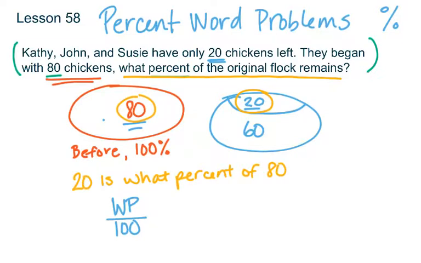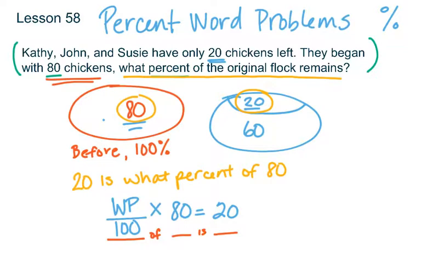So what percent of, because multiplication always represents our of, 80 is 20. So again, rereading this problem, what percent of 80 is 20?